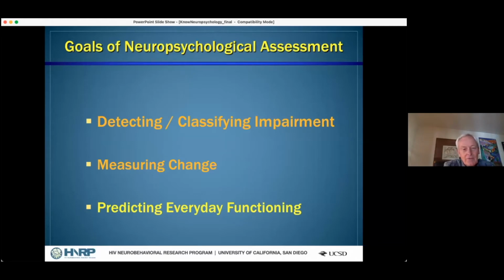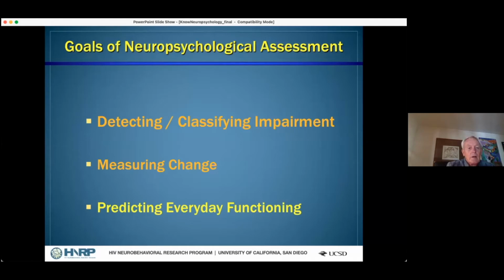I'll do my best. So to start, these are the 3 goals of neuropsychological assessment. The first one, of course, is to detect and classify acquired neurocognitive impairment due to injury or disease.